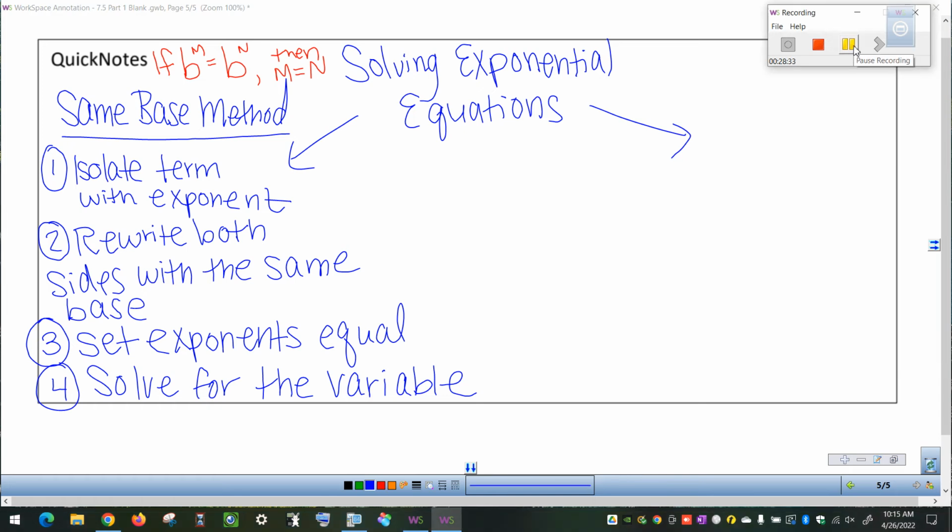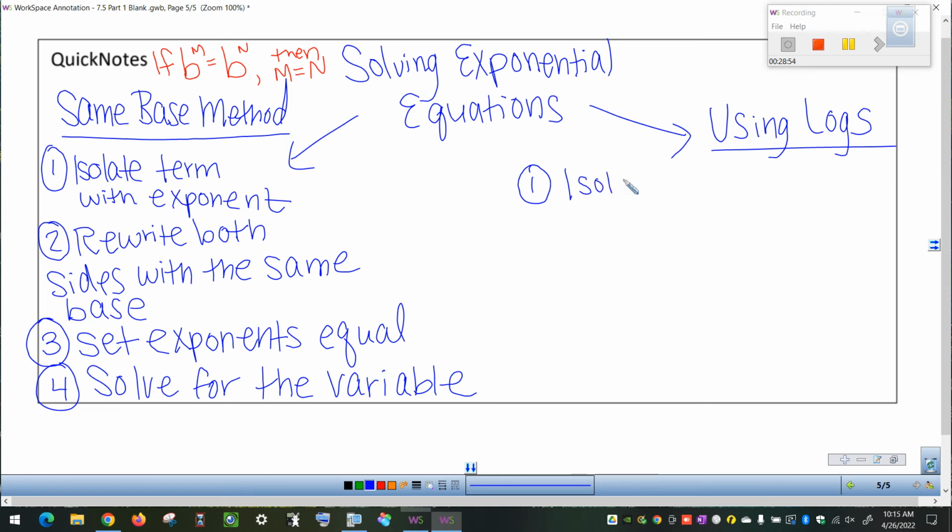All right, so then we saw that our same base method doesn't always work, and so we have another option. So I'm going to say the other option over here is using logs. All right, so really similar first step here is we're going to isolate the base holding up the exponent part.